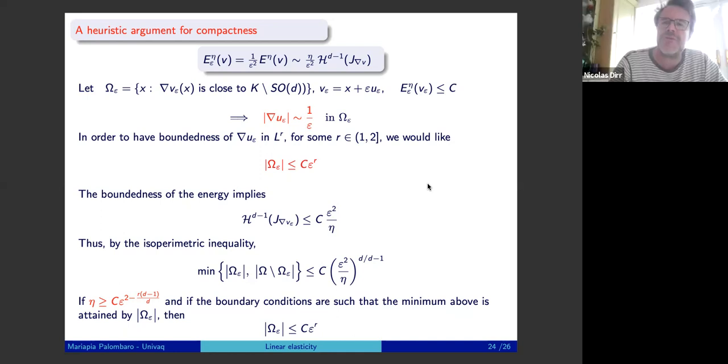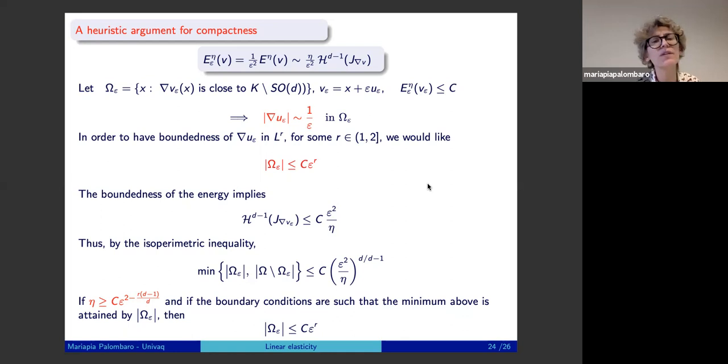Yes. From a continuum model or in the discrete? In the continuum setting, not in the discrete. In the continuum setting, this has been done by Davoli and Friedrich, where they combine Modica-Mortola with the linearization. And so you get both these terms, the linear elasticity and the interfacial term. Yes. Thank you.